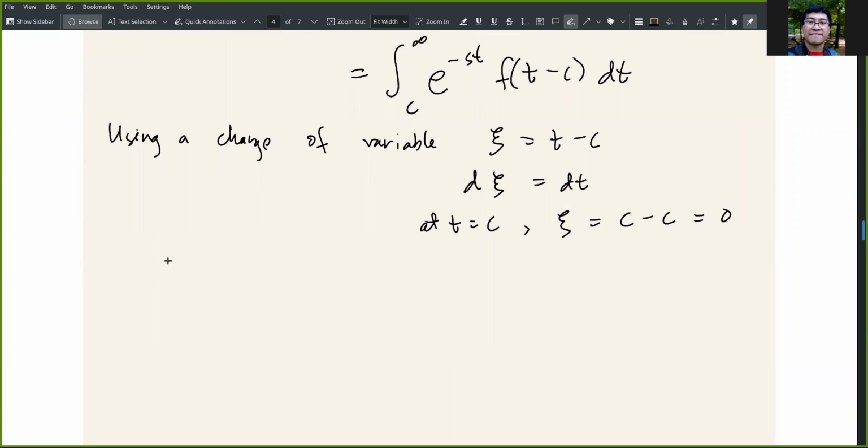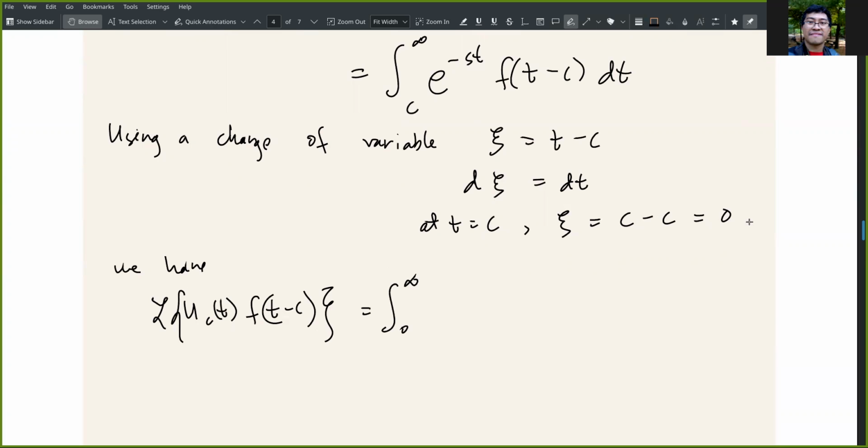So we have the Laplace transform of u_c(t) f(t minus c) equal to the integral from 0 to infinity, so c here we replace with 0, of e to the minus s times psi plus c, f(psi) d psi.